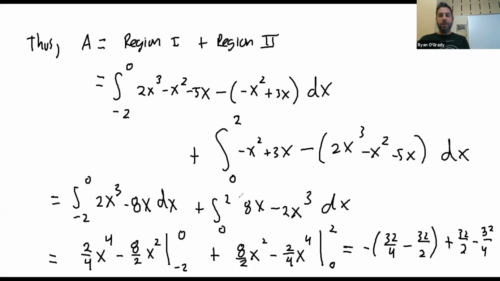Okay, so -32 over 4, and you have 2 of them, so 32 over 4 is what? 16. Say that again? 16. Okay, you're right. So what's 32 over 4? That's 8, right? So you have a -8 minus a -8 becomes -16, right?